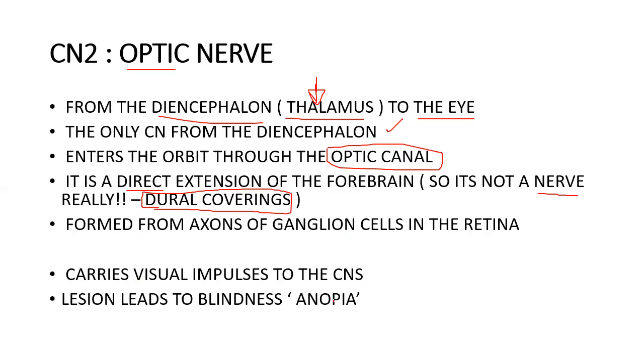Lesion leads to blindness, anopia, and we have different types of blindness depending on the level of the lesion of that nerve on its pathway from the eye until we get to the occipital lobe within the central nervous system. We describe the different types of blindness in neuroanatomy. So that's the optic nerve, which enters via the optic canal.